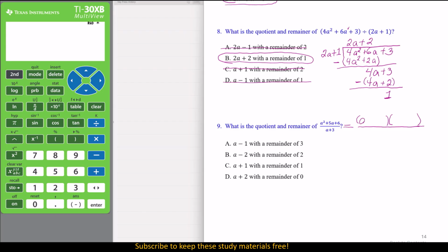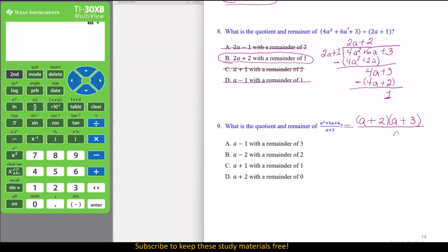Bear with me. I have a, and I know I needed 2 and 3. Oh, yeah, that works. Yep, that factored out. And if we try to FOIL it, we get a squared plus 2a plus 3a. Yep, it works.